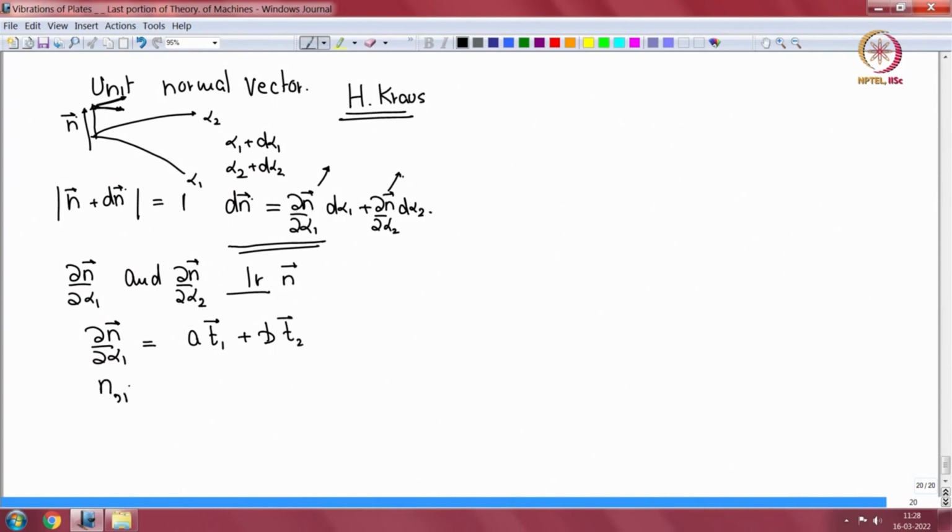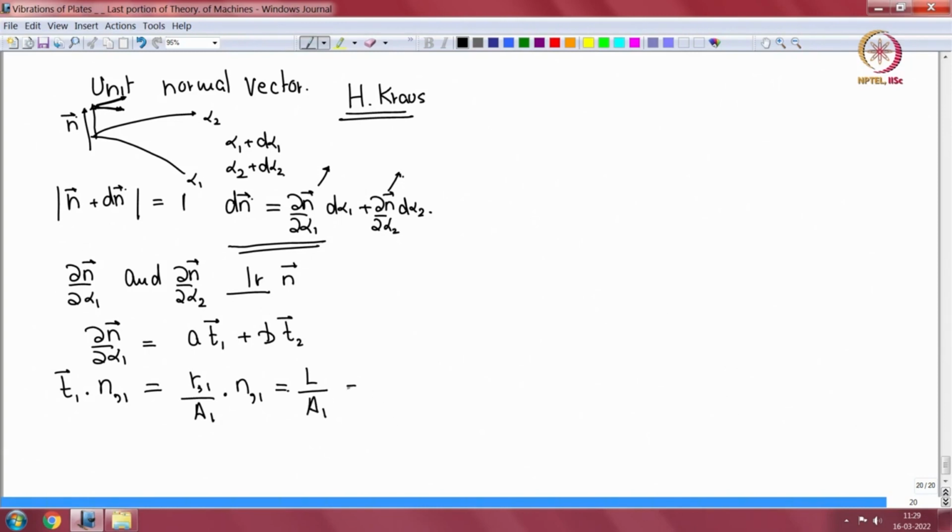If I dot it with T1, then I get R comma 1 by A1 dotted with n comma 1, and this, by the way, is equal to L from our previous second fundamental form divided by A1.